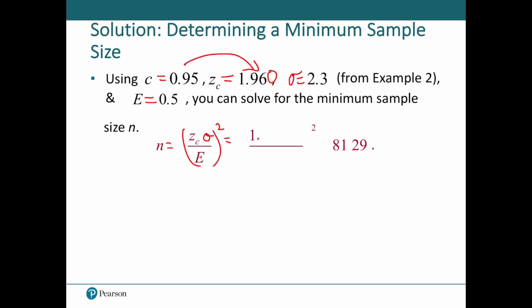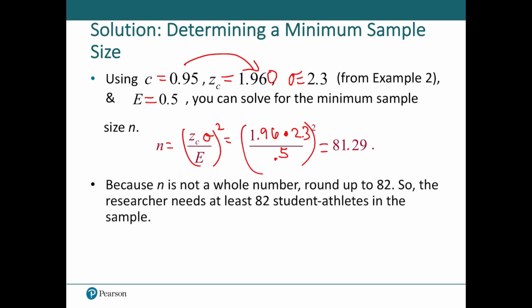So n would equal Z sigma over E, and I'll just square it on the way out. So we have 1.96 for Z, 2.3 is used for sigma, and then E is 0.5, and square the whole thing, and then you're good.